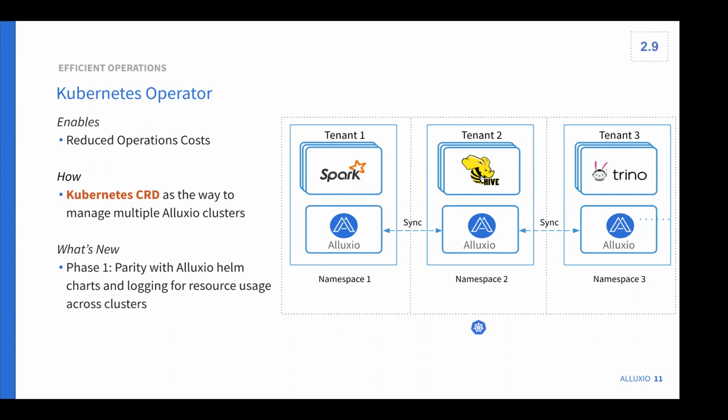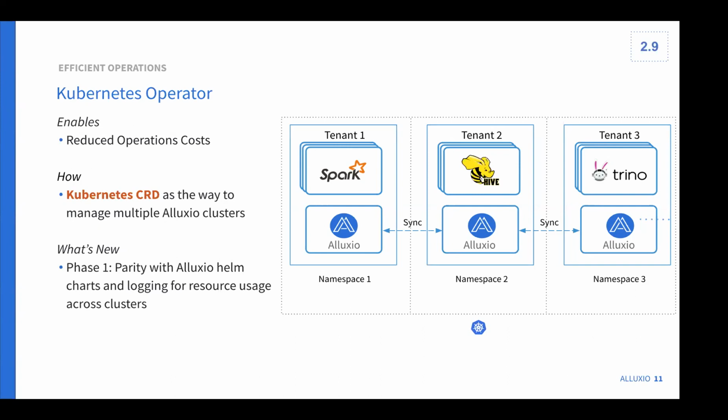Okay, so the next highlight I have is around the operations front. And on the operations side, we are introducing a new Kubernetes operator, and especially keeping in mind scenarios where customers might be operating multiple instances of Alluxio, maybe inside dedicated namespaces for different tenants.